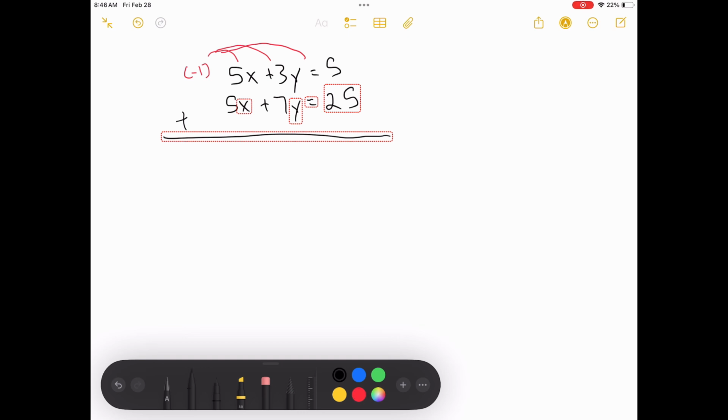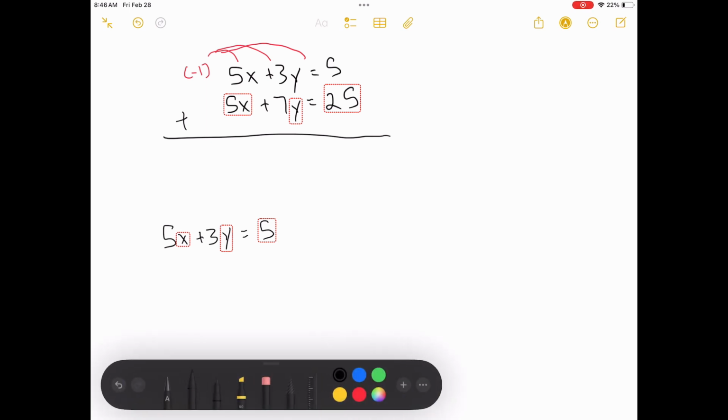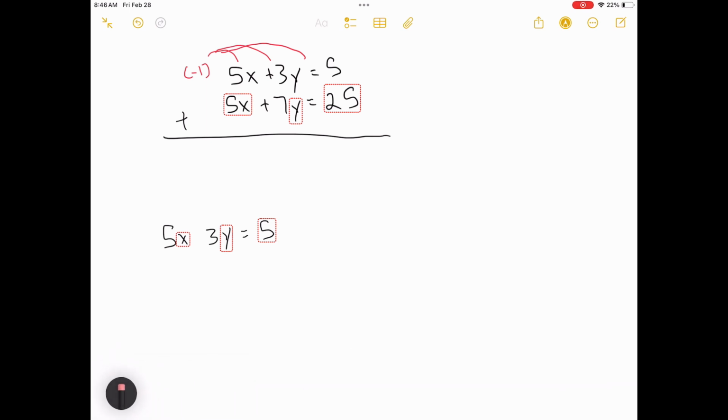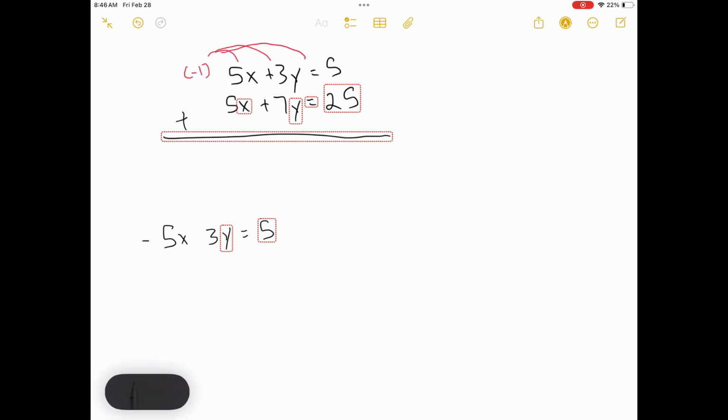We're going to have 5x plus 3y equals 5. Sorry, I'm actually going to change the signs on all this because I multiplied it by -1, right? So it's negative, and negative. All right, the bottom stays the same.